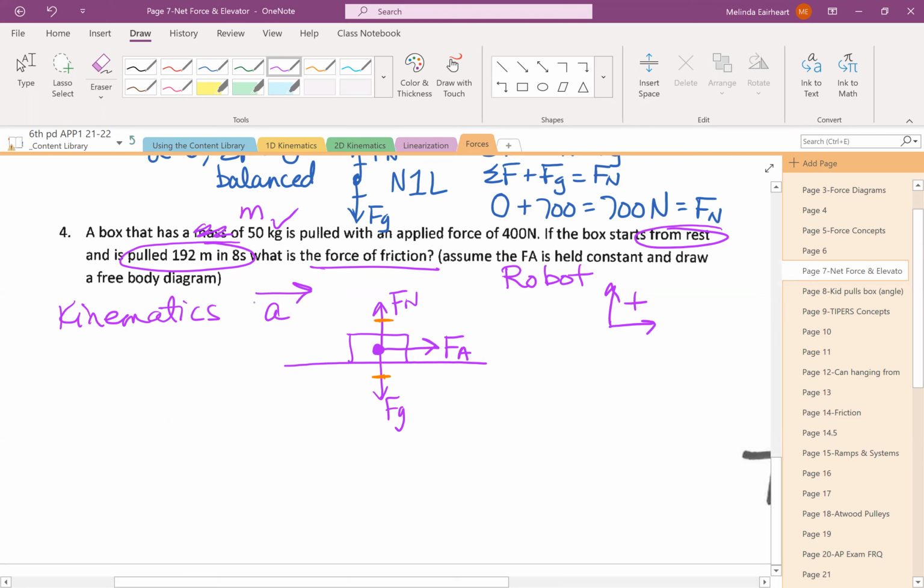You start at rest, so it's going to speed up in the forward direction. And so if I'm going to have a positive acceleration, I want a positive net force, which means I better have a bigger positive force, a bigger applied force. How big do I draw friction? Smaller. Okay, so friction is less than FA. Good there?